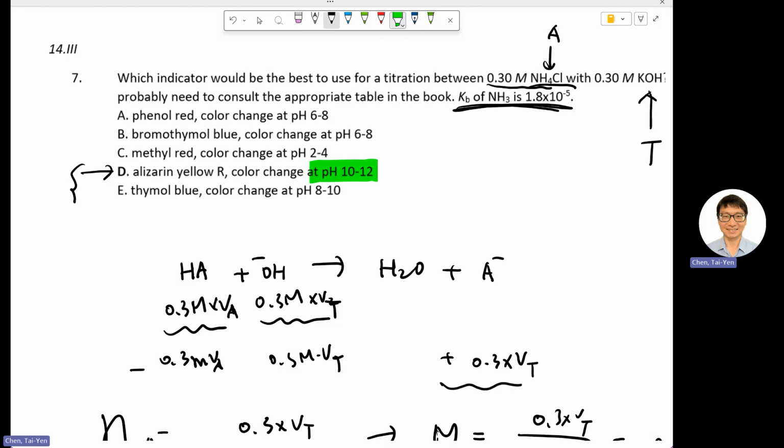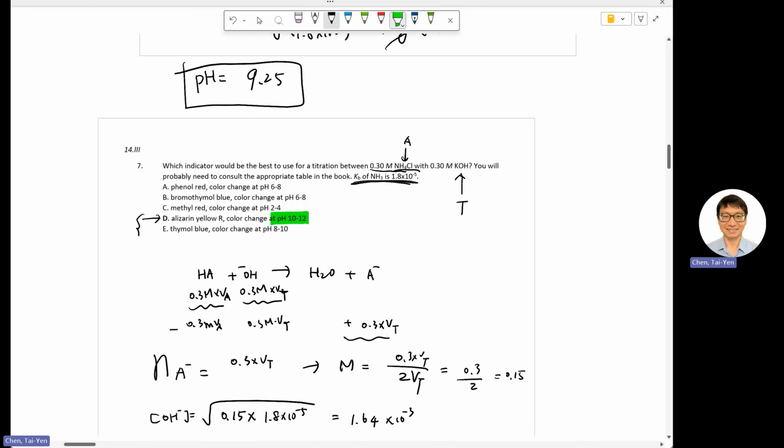So to be 100% sure what kind of indicator you should use, you calculate the pH of your final solution. Once you find your final pH, pick the one whose range it falls within, where the indicator is going to change its color. So that's all for chapter 14. Any questions so far?